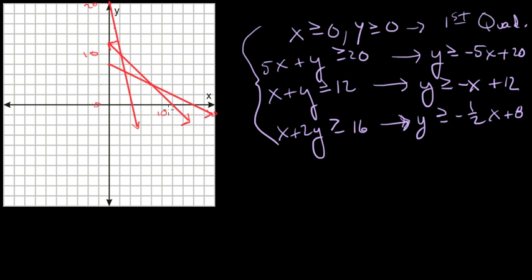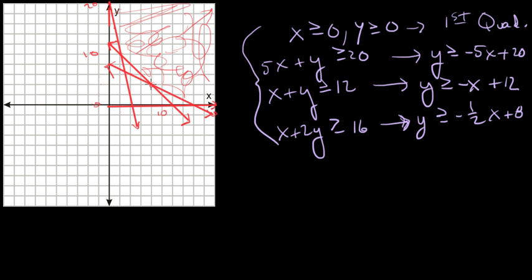Okay, so those are my 3 lines, plus of course the axes are the other constraints. Okay, and I don't need to worry about that one. Now, the shaded region, all of these are greater than or equal to. So the shaded region is going to be all this area here. Now, obviously, I've got no maximum value because it just keeps on going infinitely far in that direction.